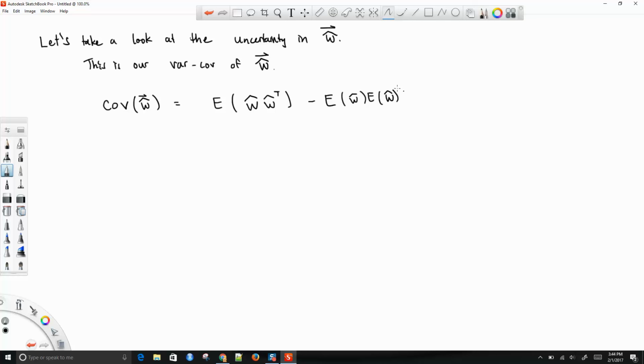Okay, expected value of that. And because these themselves is W hat, or is W, I guess there's vector arrows over everything, this ends up just being kind of W hat squared minus W squared, which is WW transpose. Okay.